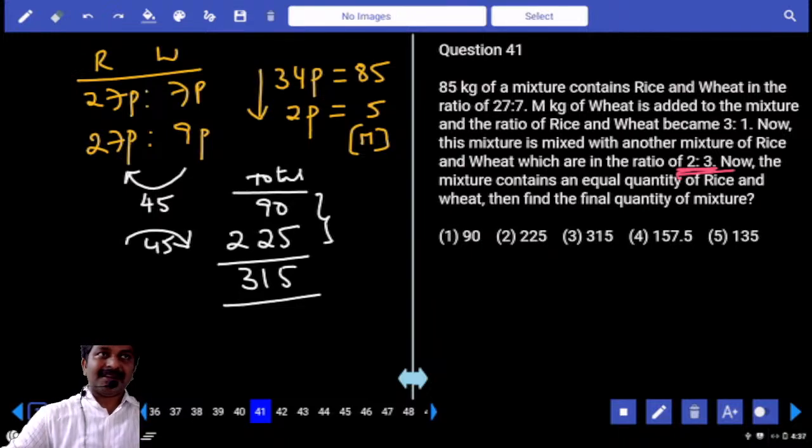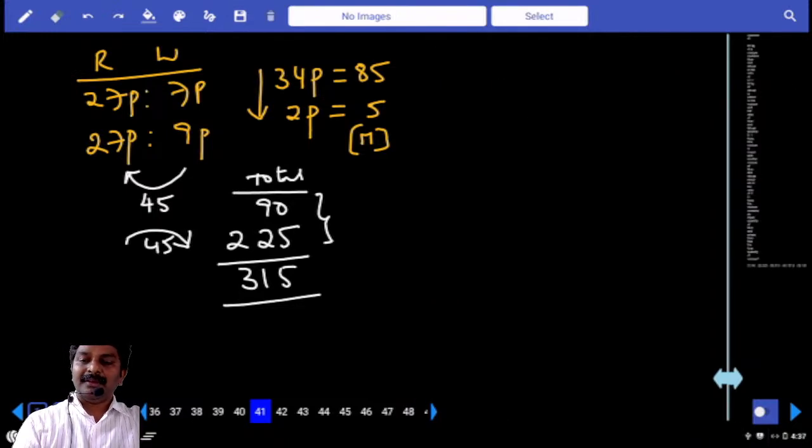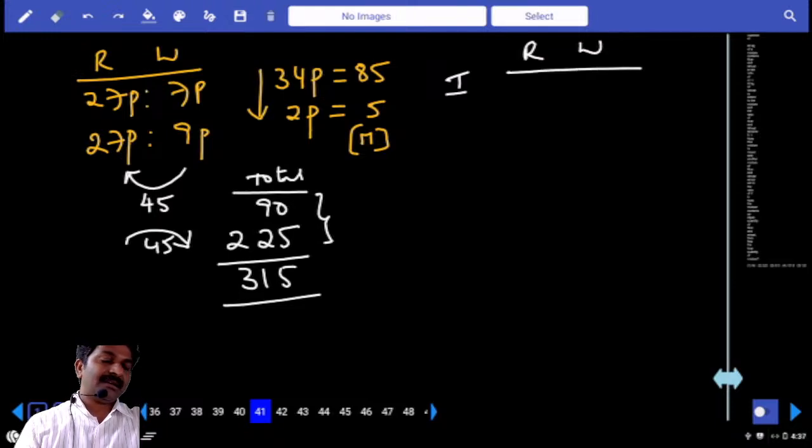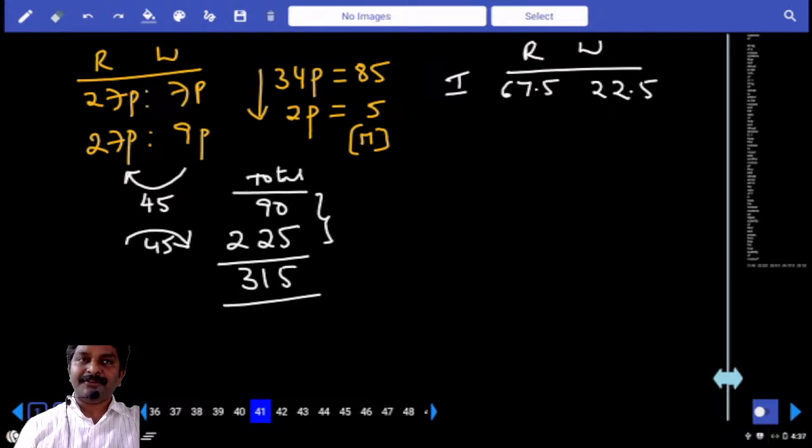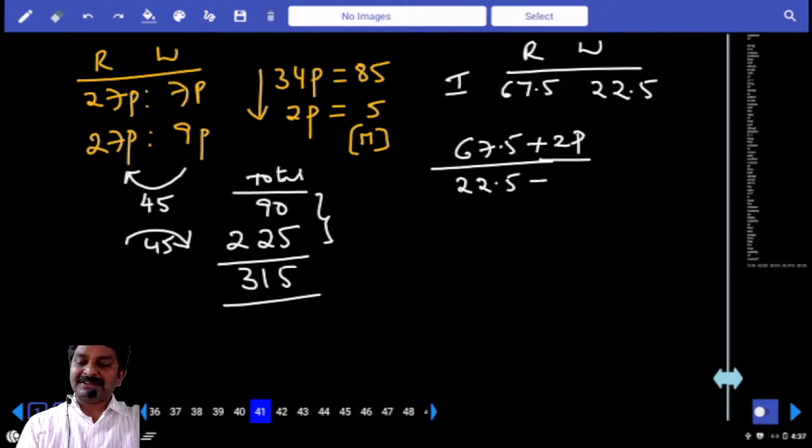If you don't understand this, in the first case, rice and wheat are in the ratio 3:1, which is 67.5 and 22.5. To the rice, we are adding 2 parts, and to the wheat we are adding 3 parts.